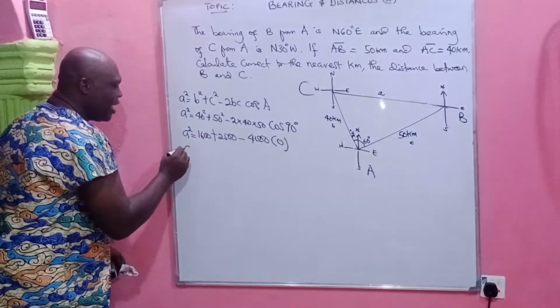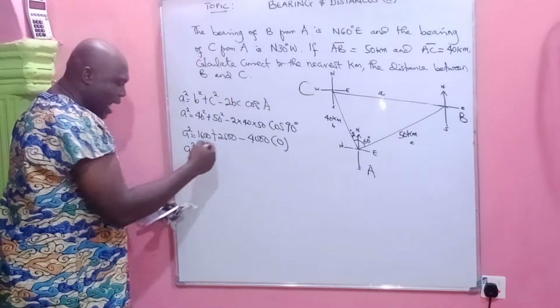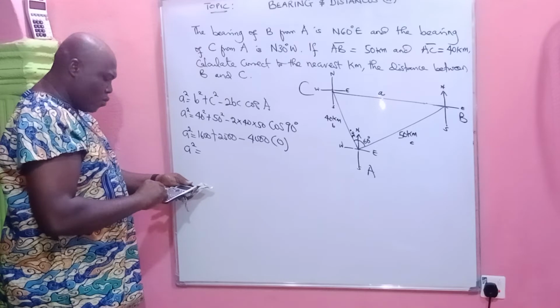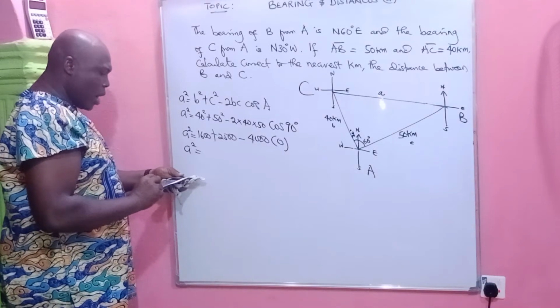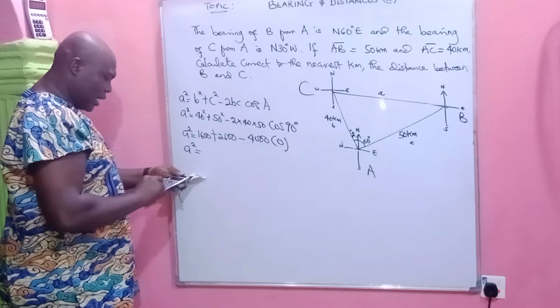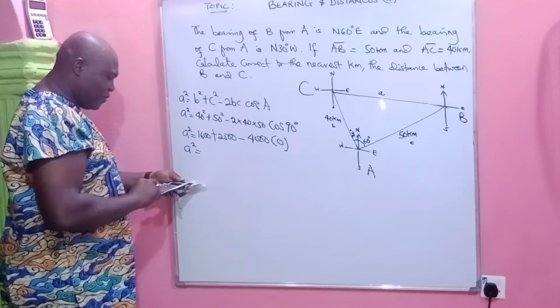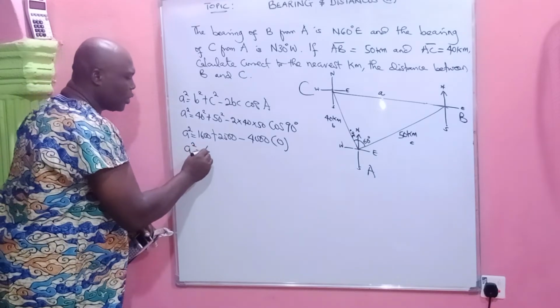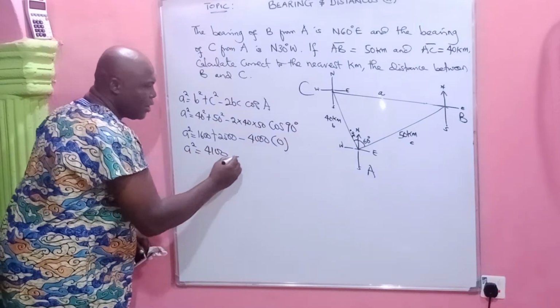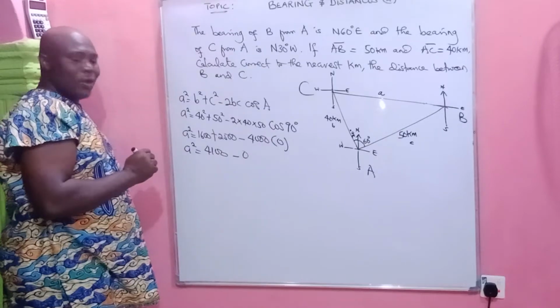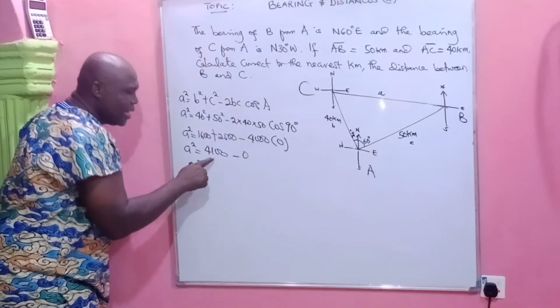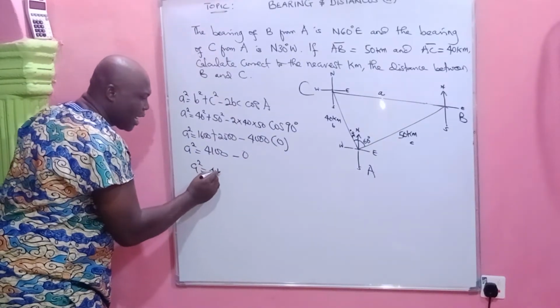So a squared equals 1,600 plus 2,500, which is 4,100. Minus 4,000 times 0 will give us 0. So our a squared will be 4,100 minus 0, which is still 4,100.